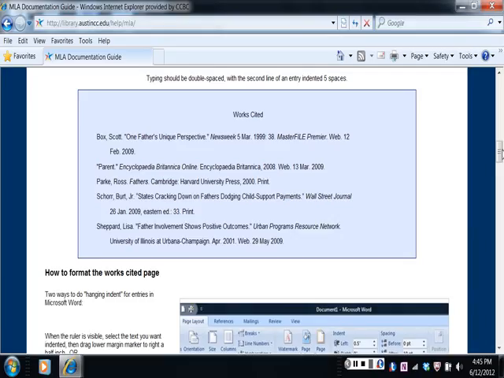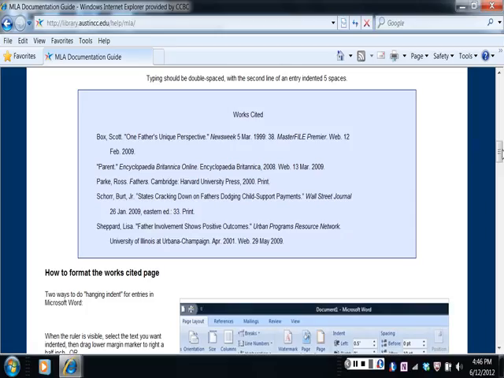In general, what you do, you write the last name of the author, the first name of the author, period. Now, if it's an article that appeared in a journal, then you put the name of the article in quotation marks. Now, the general rule about quotation marks versus underlining or italics.